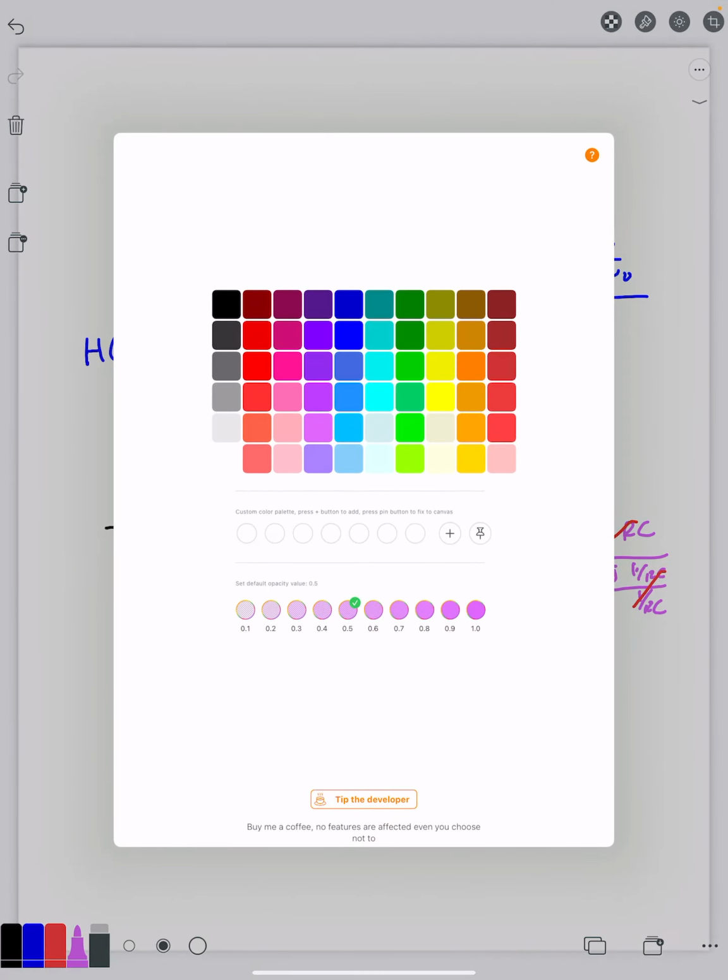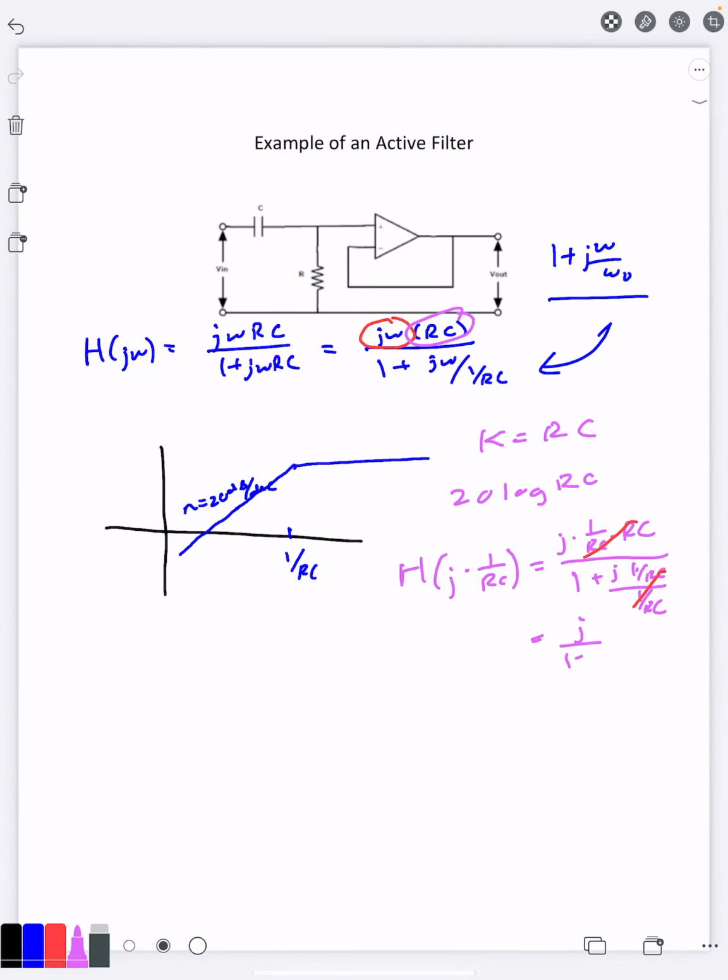And it's going to simplify down to just j over 1 plus j, which the magnitude of that would then be 1 over root 2 here. And if you did your 20 log of 1 over root 2, you can find the value of this. And it's actually going to be negative, so my graph's not quite perfectly accurate, but that's fine. It doesn't really matter exactly what that value is at that point, but this is what we have here.